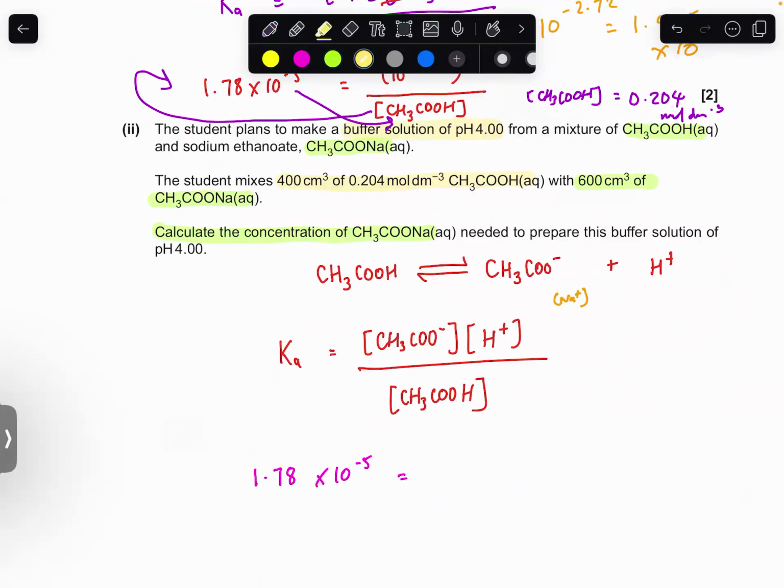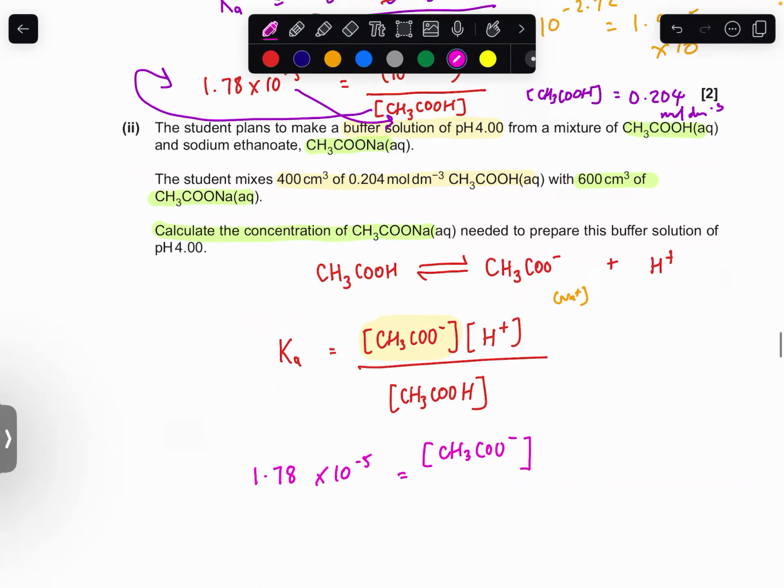So let's highlight this. I'll show you the next step after. The pH that we need, so the H plus concentration, just a reminder here: 10 to the power of minus pH equals the H plus concentration.